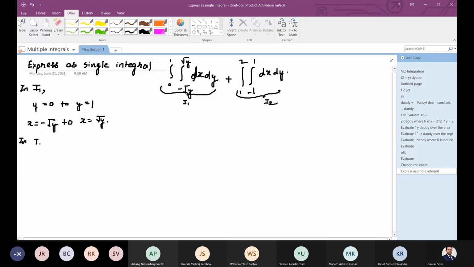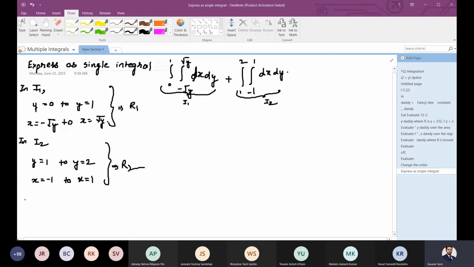In I2, y is running from 1 to y equal to 2, x is running from minus 1 to x equal to 1. So we'll combine this. This is our region R1, this is our region R2. So we'll draw the diagram over here.